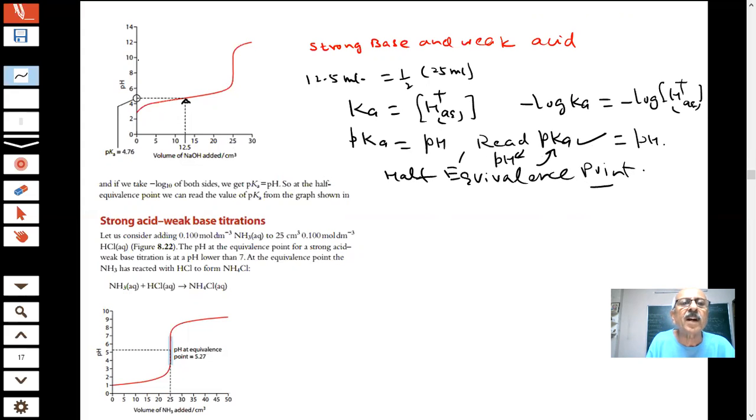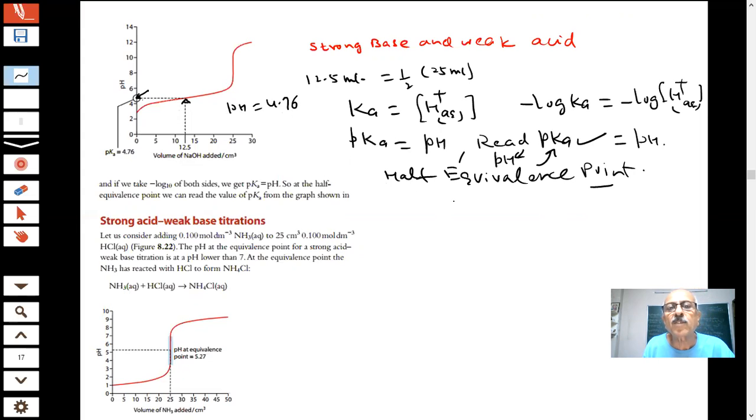So if I have made a curve, yes, this is 12.5, and at this point, what is the pH? You can say what is the pH here? This value. This is the pH. Here the pH is coming to be, if I read this, 4.76.